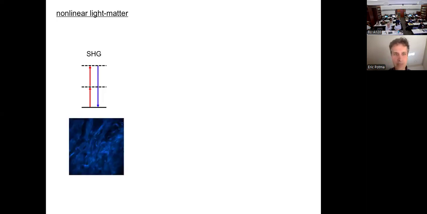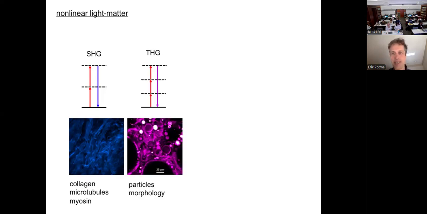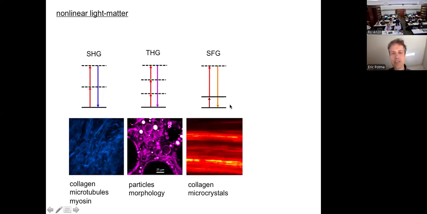Second harmonic generation, we have seen already. It's a popular technique to see collagen, and I'll talk about that. Third harmonic generation, so 3 photons in, 1 photon out, is a popular technique to see small morphological features in cells and tissues. Sum frequency generation, very closely related to second harmonic generation, lets you see the same things, collagen, but with a little bit of chemical contrast as well.